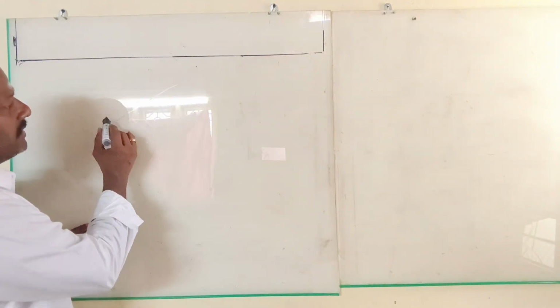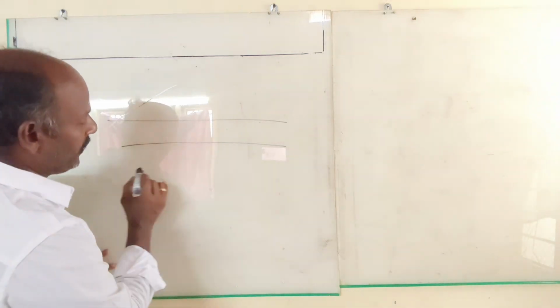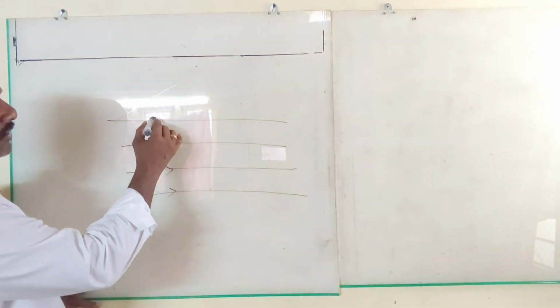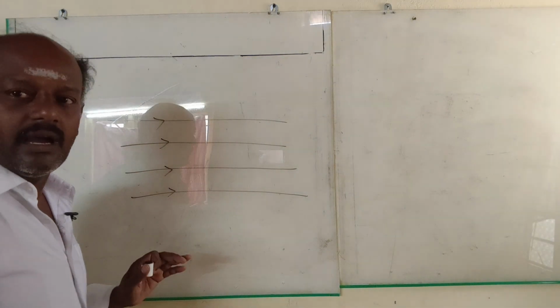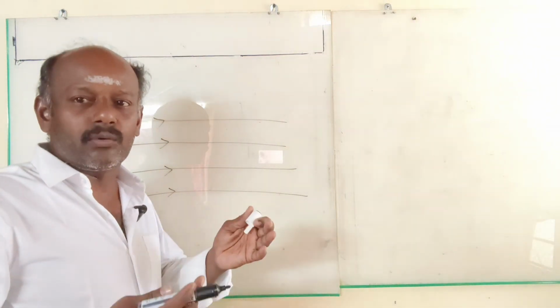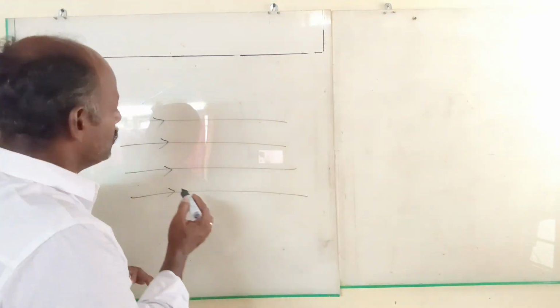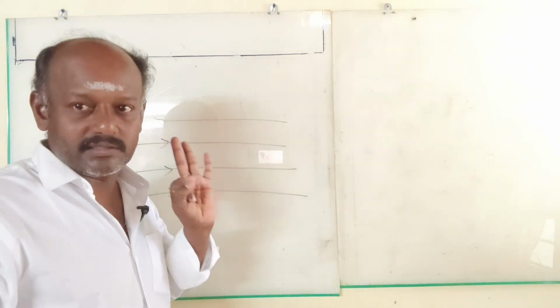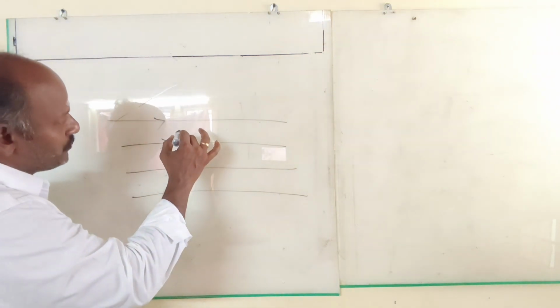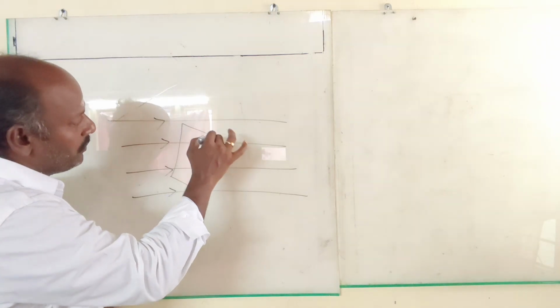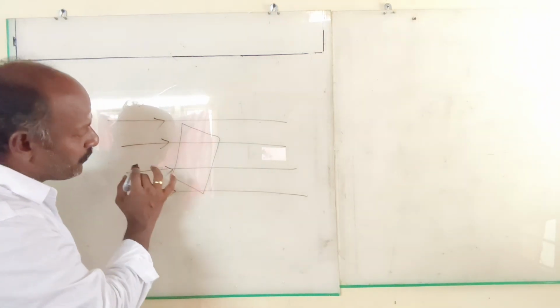Let us consider the electric field moving in this way. I am placing a particular area, chosen in three different ways. In the first way, I am considering the area parallel to the flow.